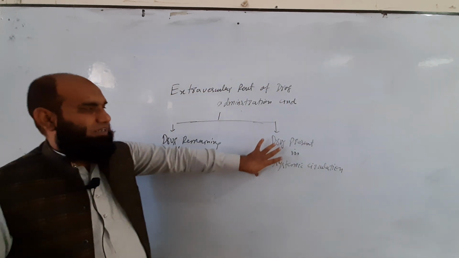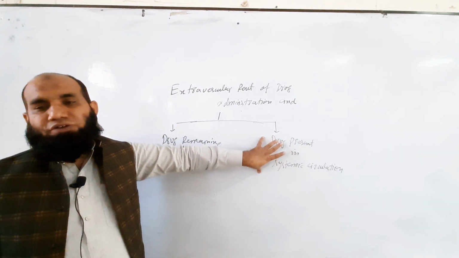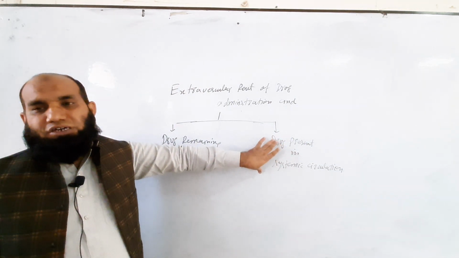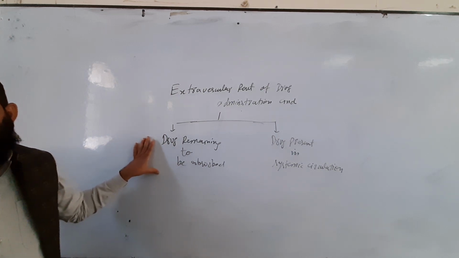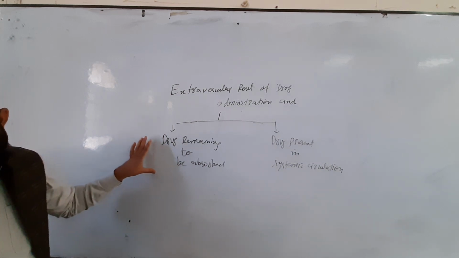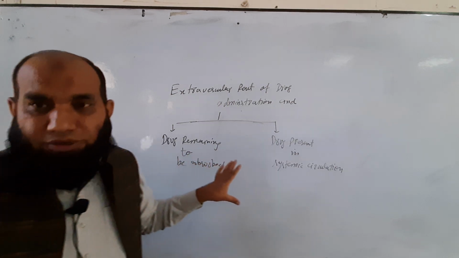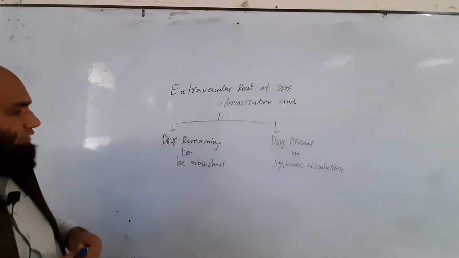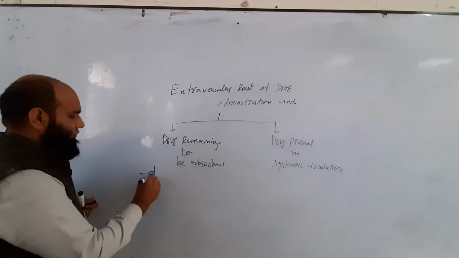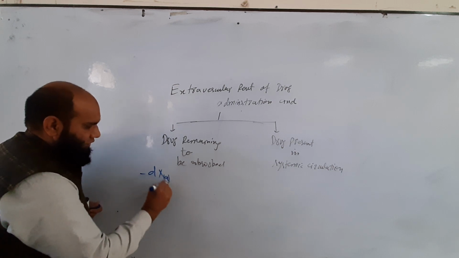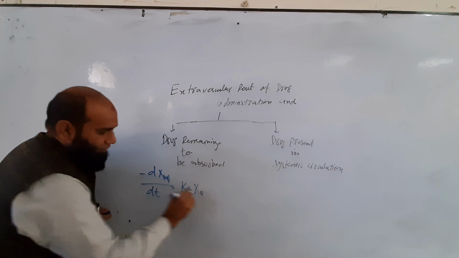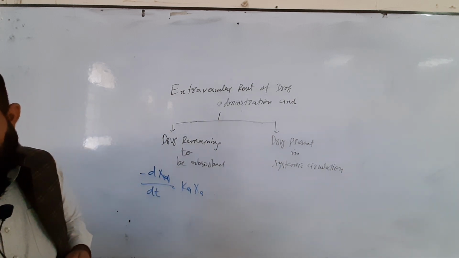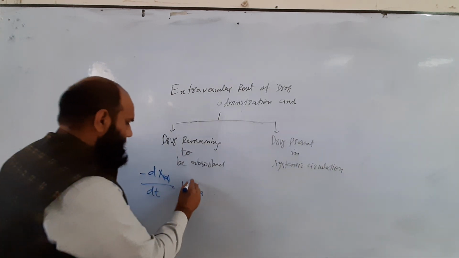This concept is similar to what we have already understood in the IV injections. But here there is another drug remaining in the GI tract. If we want to calculate the drug remaining in the GI tract, then we can check the rate of change of amount: dXa over dt is equal to ka Xa, that is at time t.